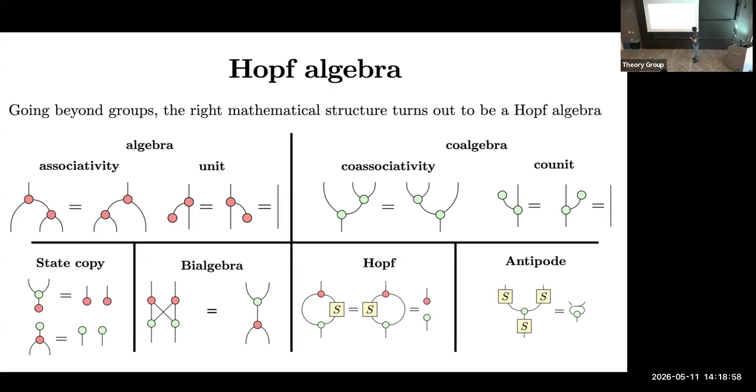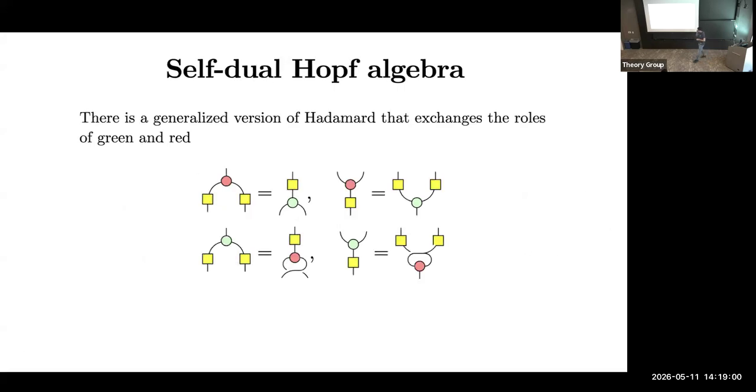Okay. It turns out that for self-dual Hopf algebras, there's an extra structure similar to what I said before, where Hadamard swaps red and green. If you push through this Hadamard, it changes red to green. The only subtlety you have to keep track of is that you want this Hadamard to square to the antipode.